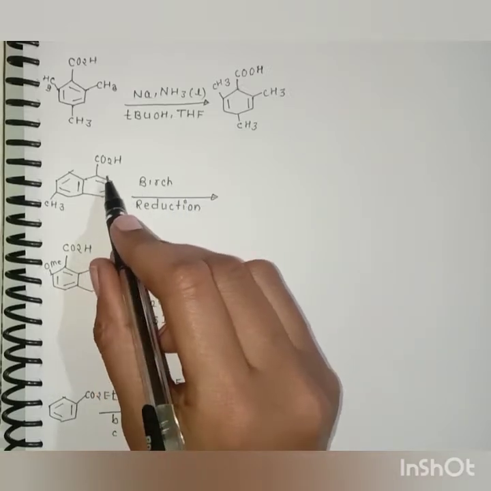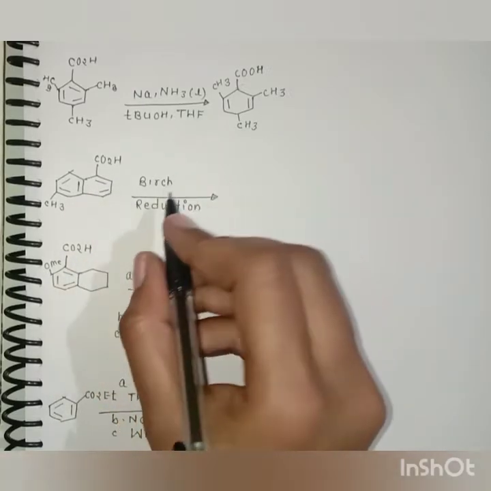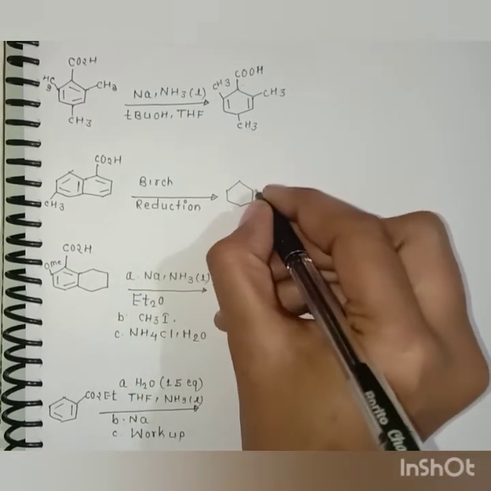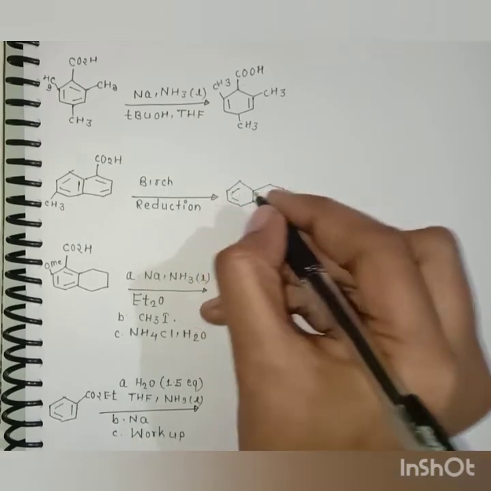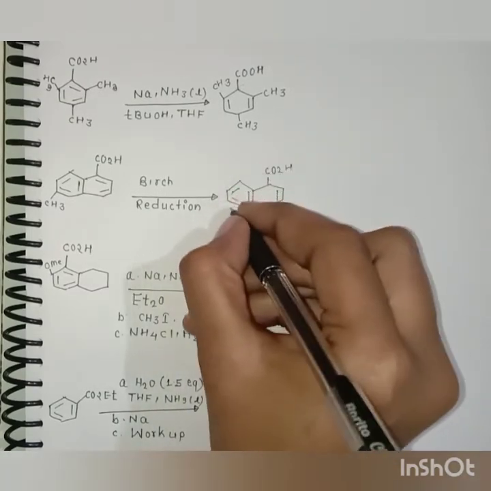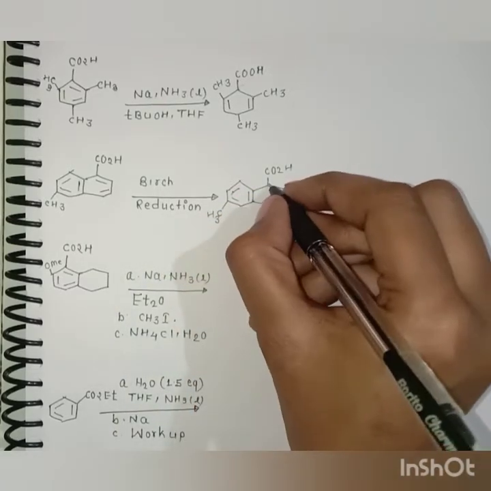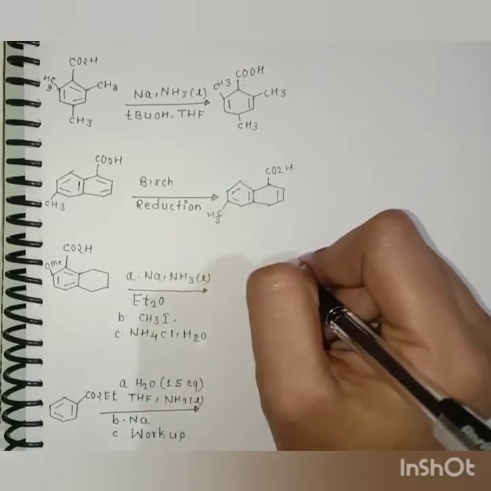So it reduces this electron deficient ring and we get the product where this carbon again remains sp3 in nature.